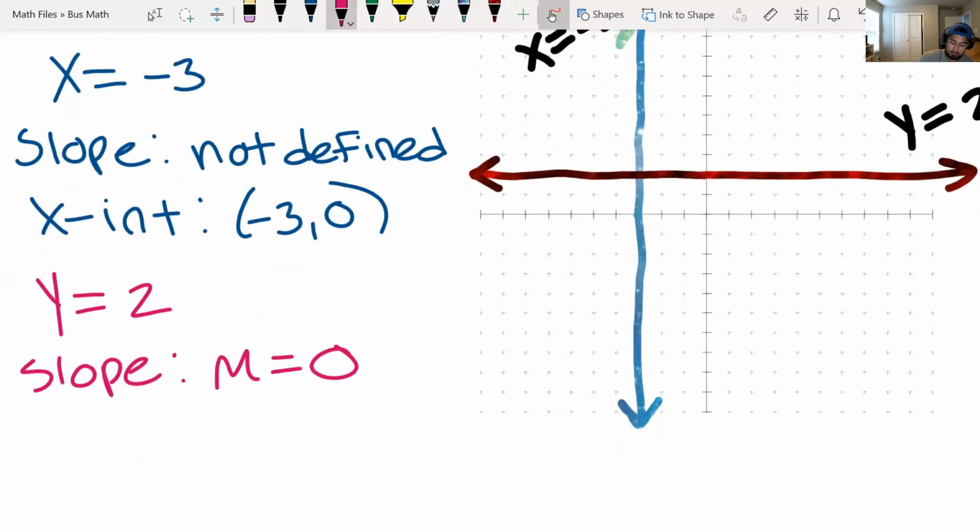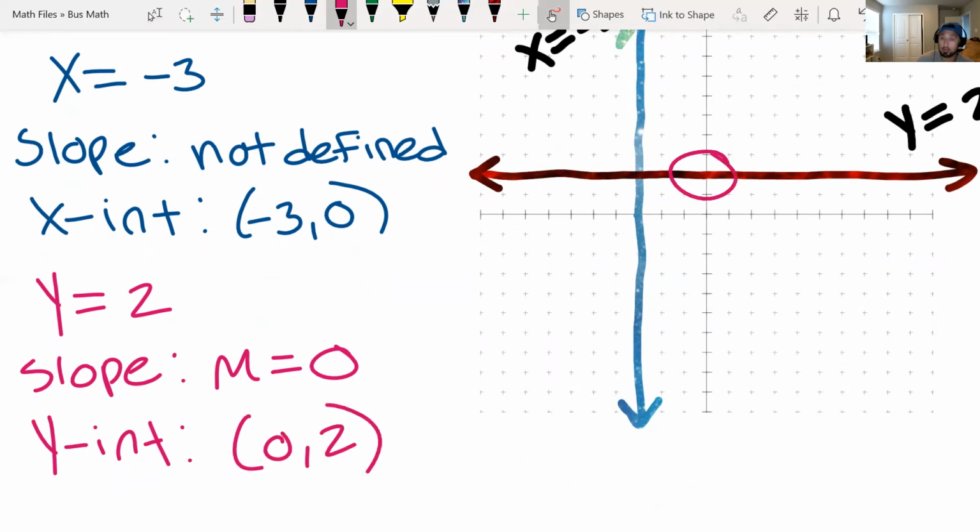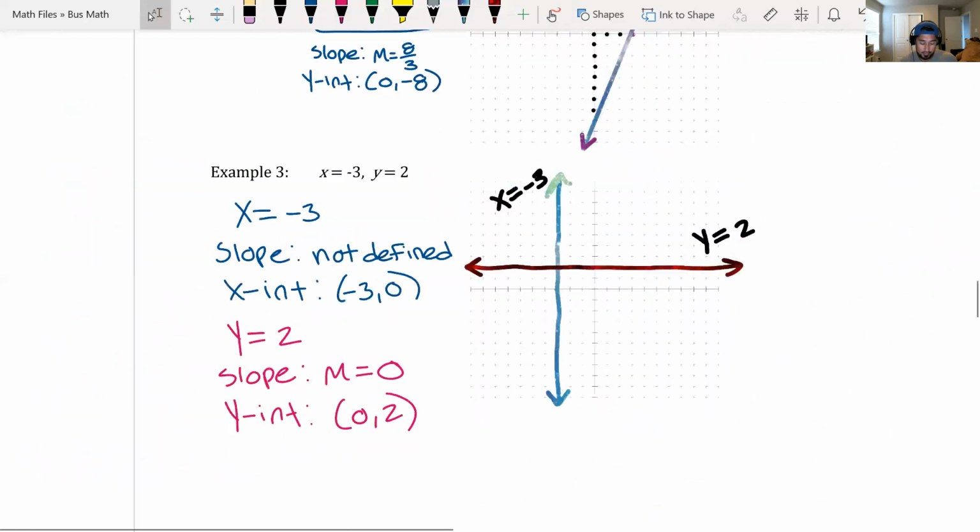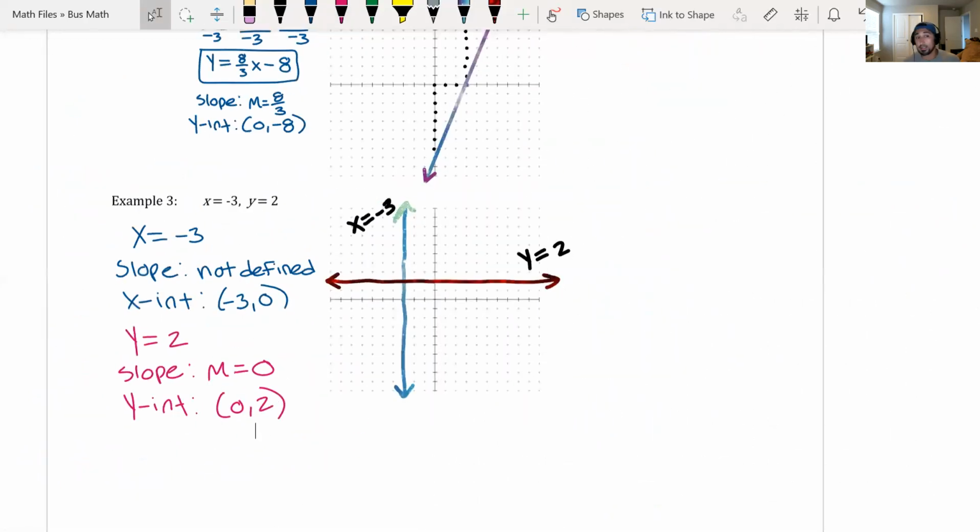And it has a y-intercept at 0, 2, which is right there, 0, 2. Okay, and there you go. That's how you draw a horizontal and a vertical line. Pretty straightforward. All right.